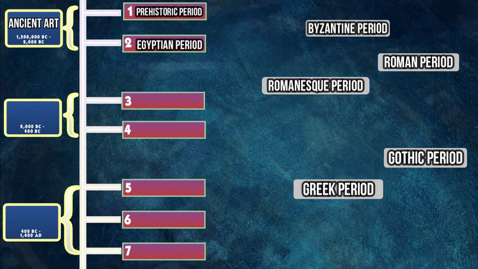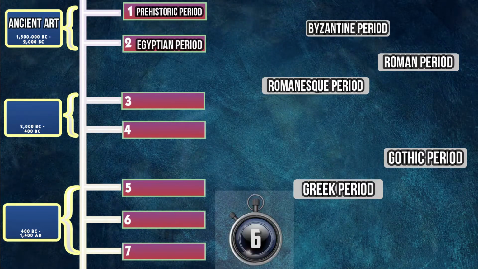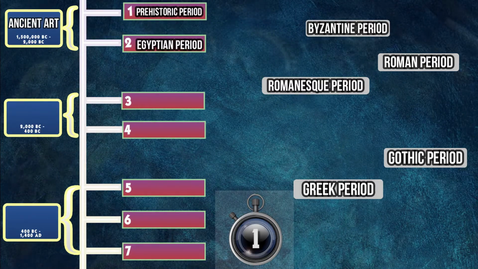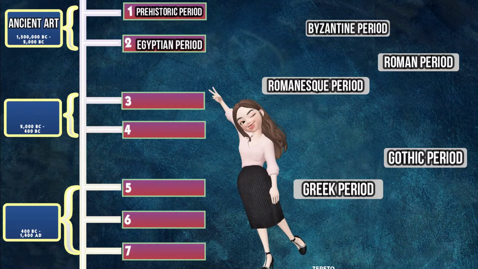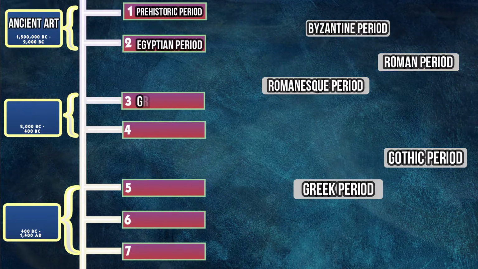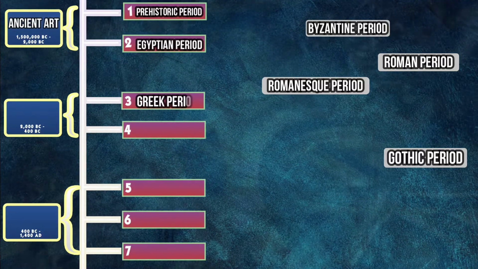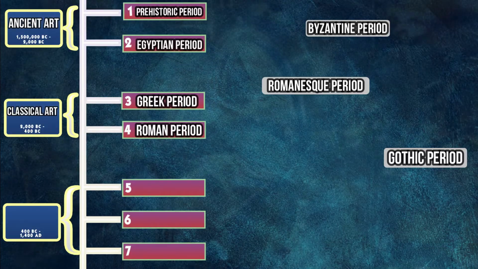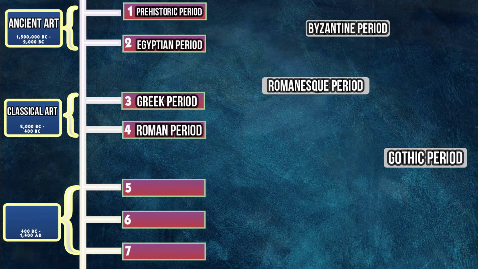What about the third and fourth items? Great! For item number 3, the answer is Greek period, while the fourth is the Roman period. Classical art is associated with the ancient Greeks and Romans.